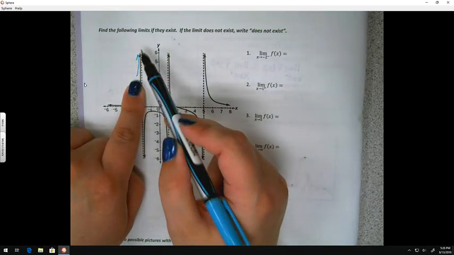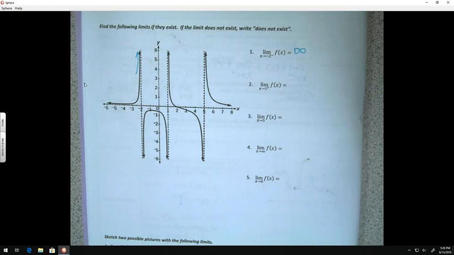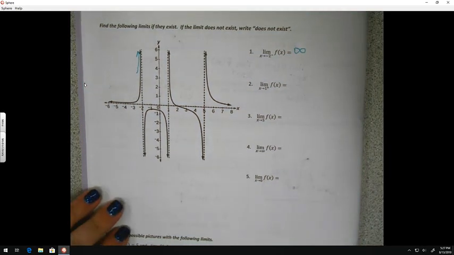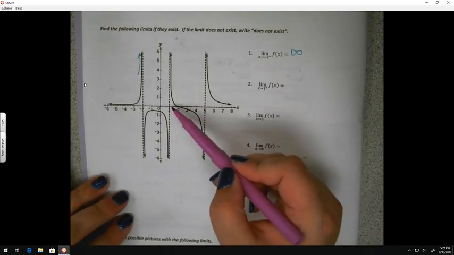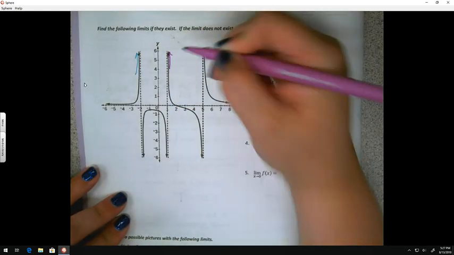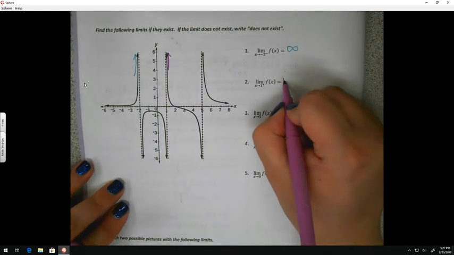That's shooting up to positive infinity. Okay. Then if we look at the limit as x approaches 1 from the right, so here's 1, and from the right side would mean we're looking at this portion right here. So that's going up and up and up and up. That's also approaching infinity.